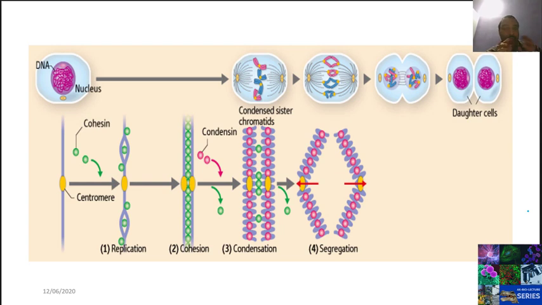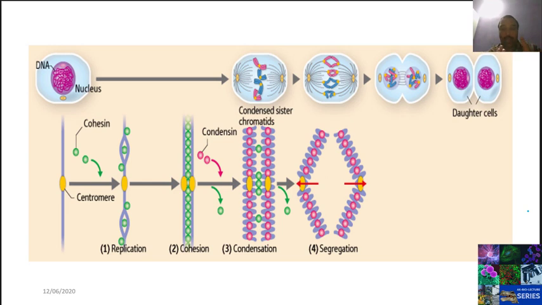Then, as the first event in prophase, we discussed the process of compaction or condensation of DNA into chromatin and chromatin into a loosely packed chromosome. I am using the term loosely packed chromosome because it is not a matured compacted chromosome in prophase.